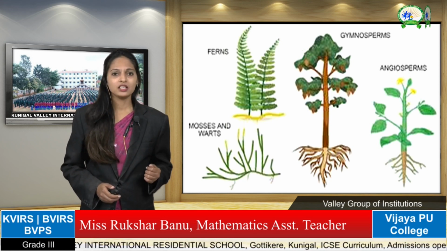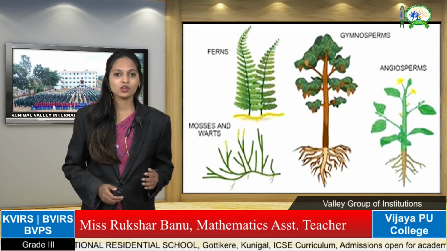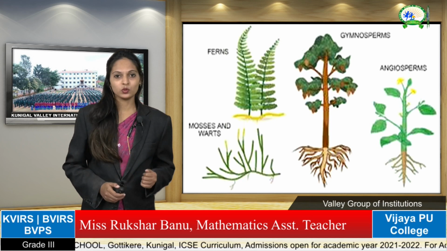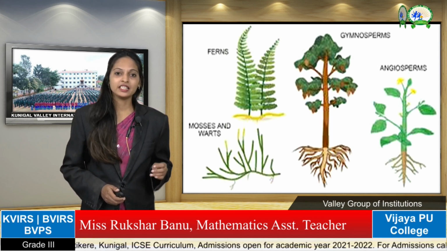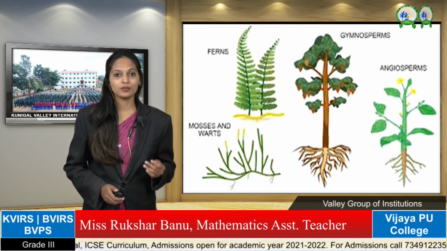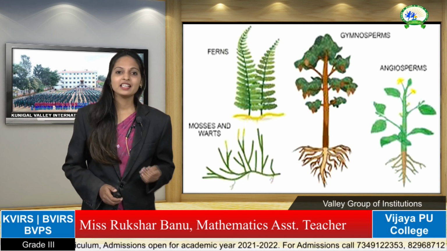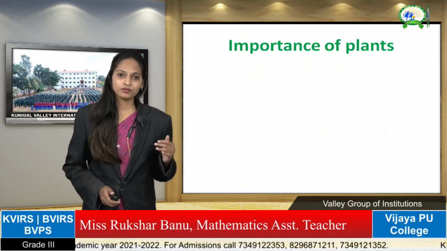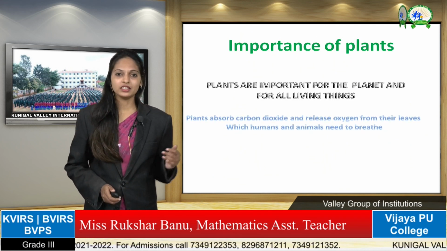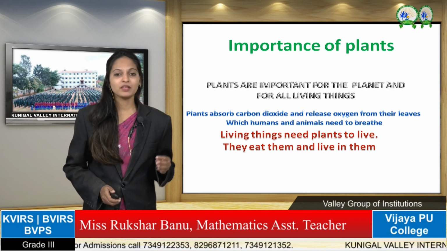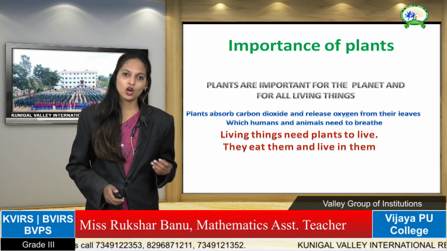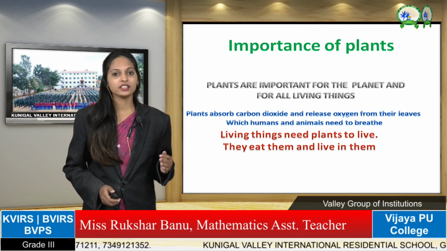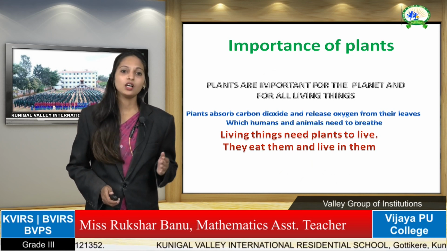The root system consists of roots of different types. The shoot system includes the stem, leaves, flowers, buds, fruits and seeds. Seeds are present inside the fruits. So we learned that roots, stem, leaf, buds, flowers, fruits and seeds, etc. are the different parts of a plant.